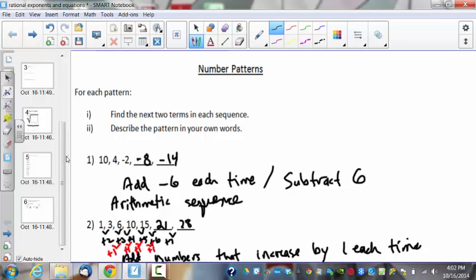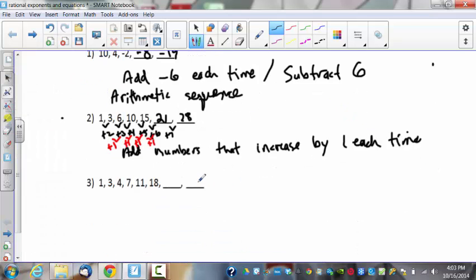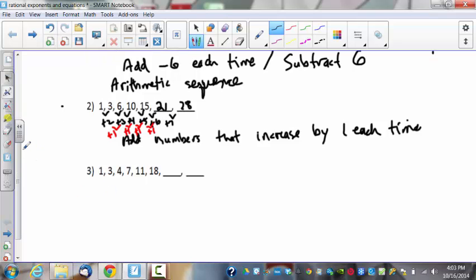Okay, so for number 3, let's see here. This one is a tricky one. You're not adding the same number. The numbers that you're adding here are +2, +1, +3, +4, +7.